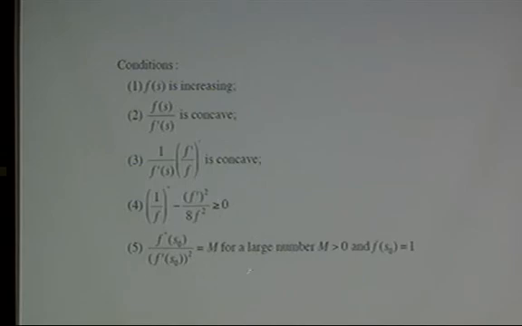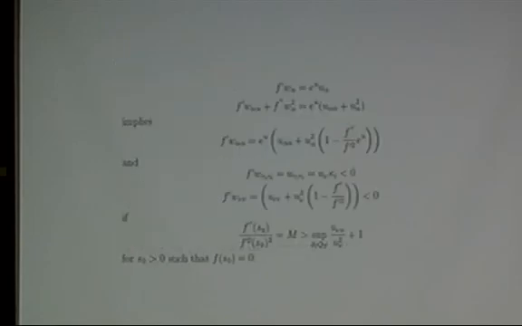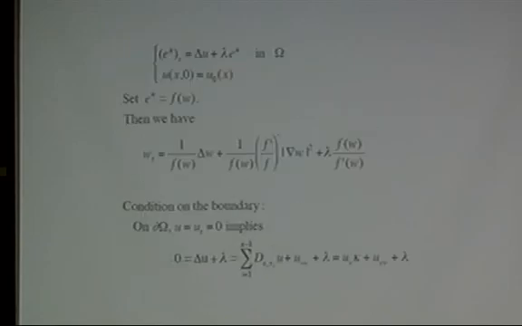But I have another condition. Let me tell you this one, and this is the last part. That condition comes from the boundary. On the boundary, u and u sub t are 0. So you had e to the u, right?